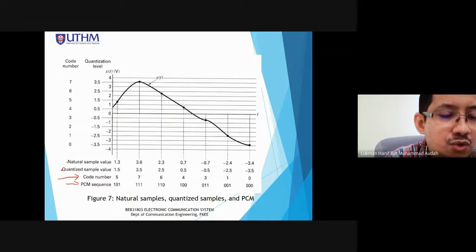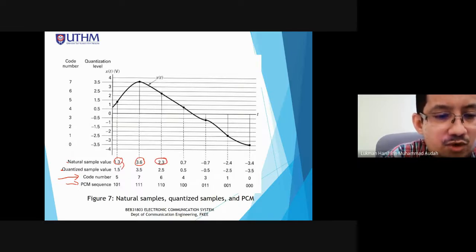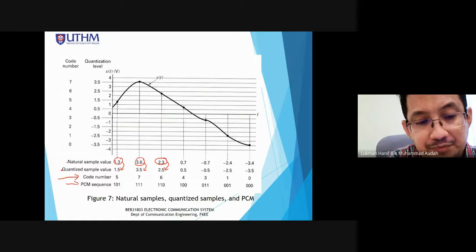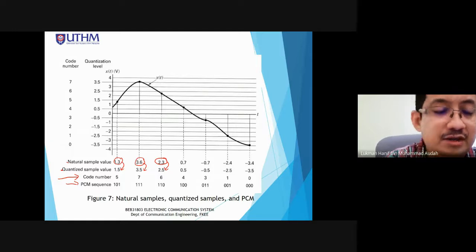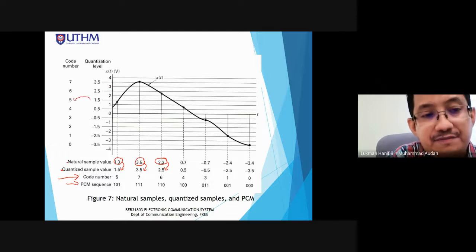Nampak. So kalau you lihat saya nak ambil sampel yang pertama, kedua dan ketiga dalam contoh ini. Kita dah quantize kepada 1.5, we quantize to 3.5 and then we quantize to 2.5 volt. And from here you see that 1.5 is mapped to code number 5.